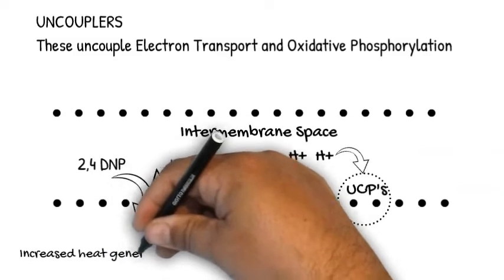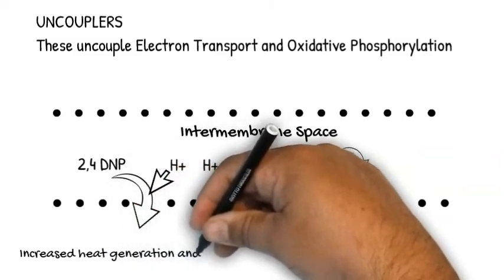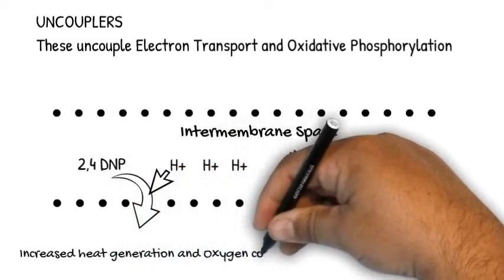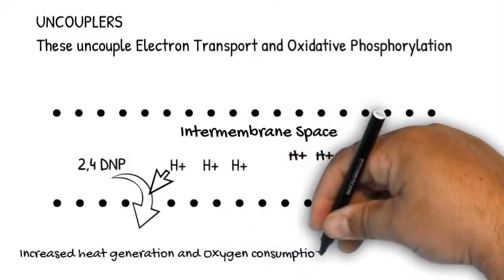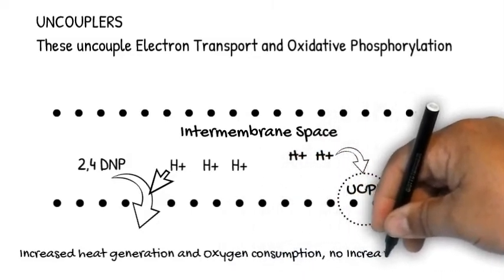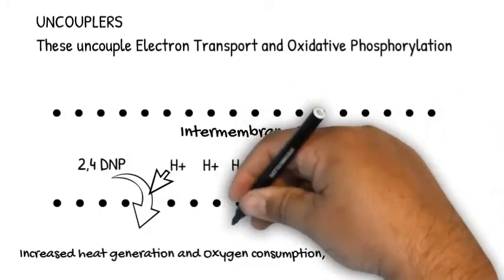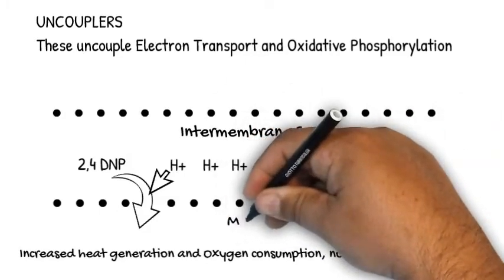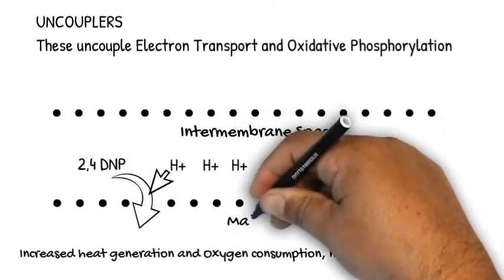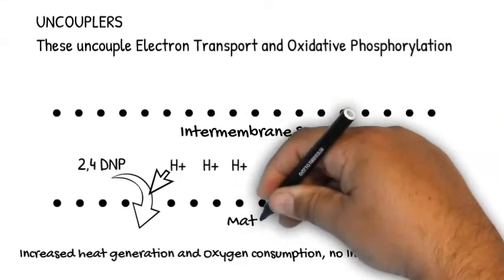So now you know the inhibitors of the electron transport chain, as well as the agents such as 2,4-DNP, which is an uncoupling agent, and the role of the uncoupling proteins.